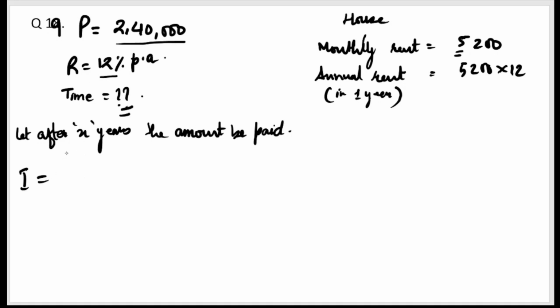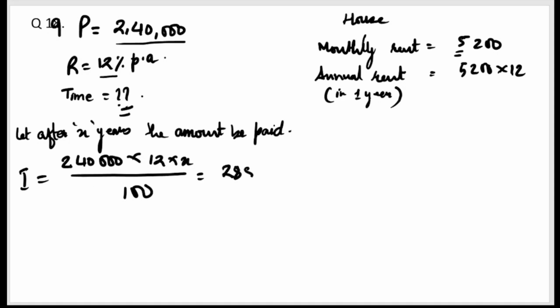So interest will be PRT over 100, that is 2,40,000 into 12 into x, time is x over 100. So when you solve this, this will come as around 28800x. यो त यो in rupees in interest. Okay, यो त interest लागेको after x years.